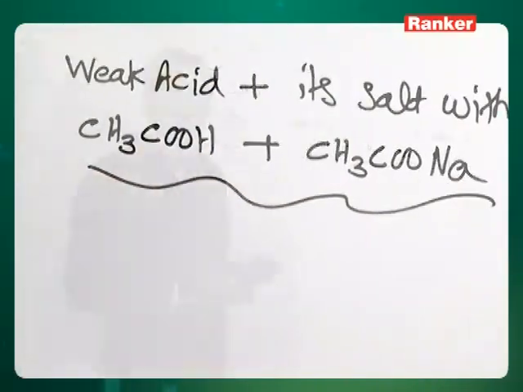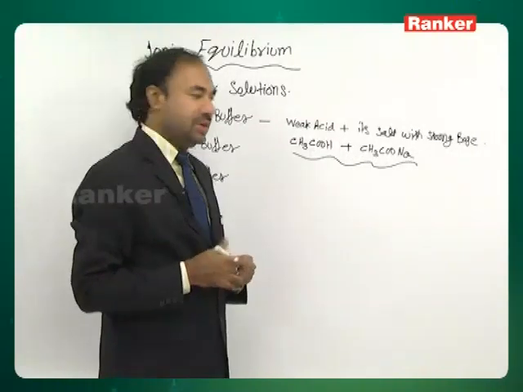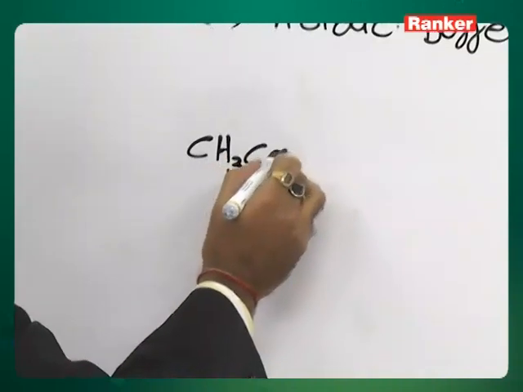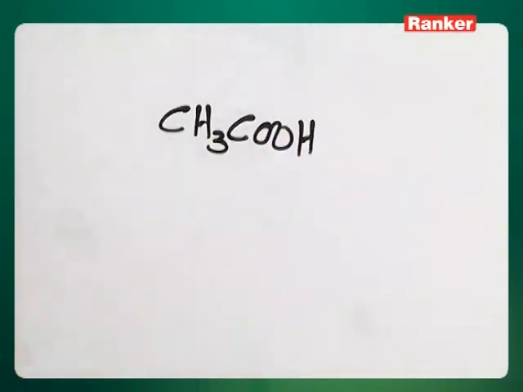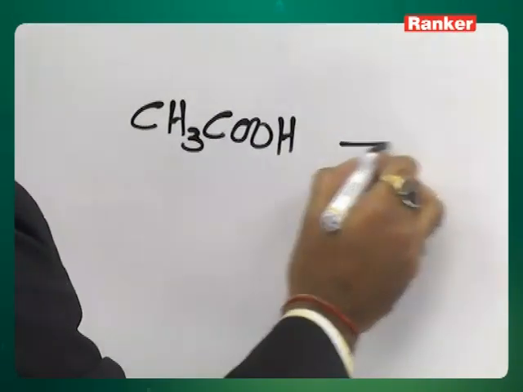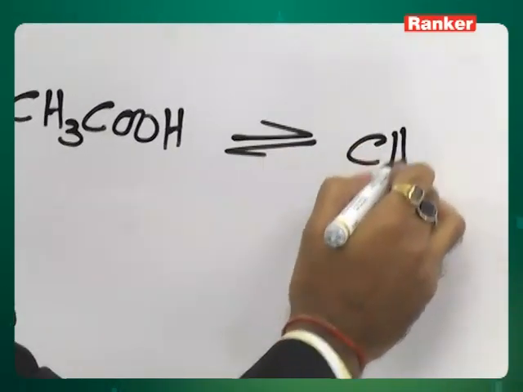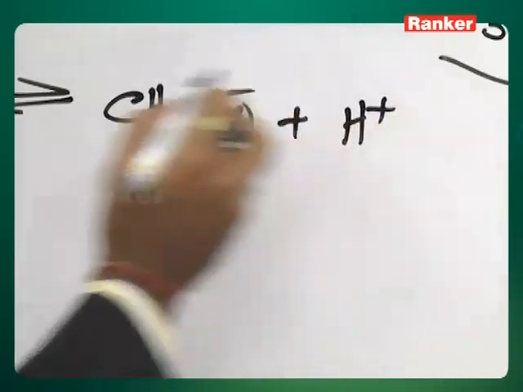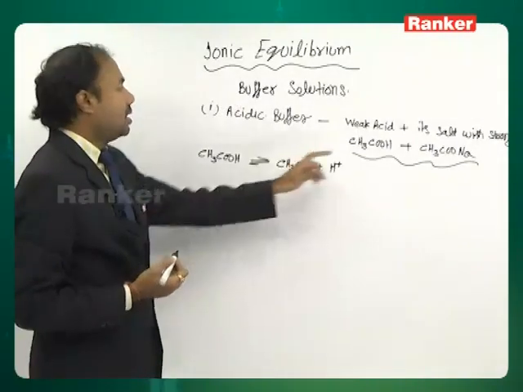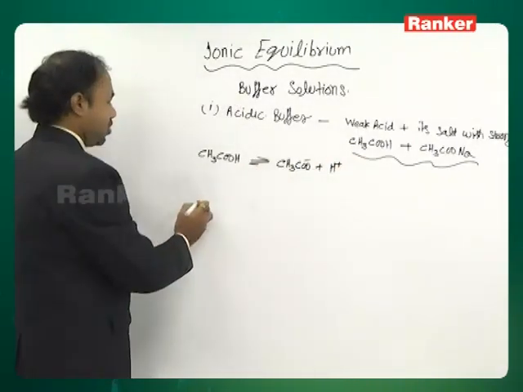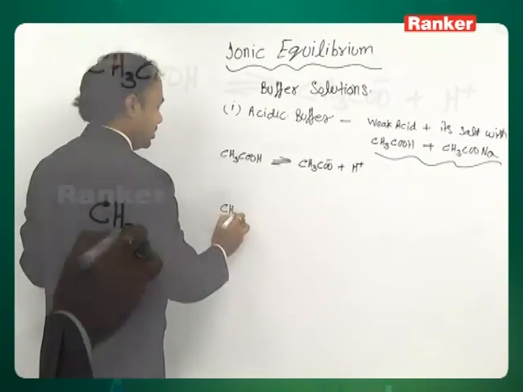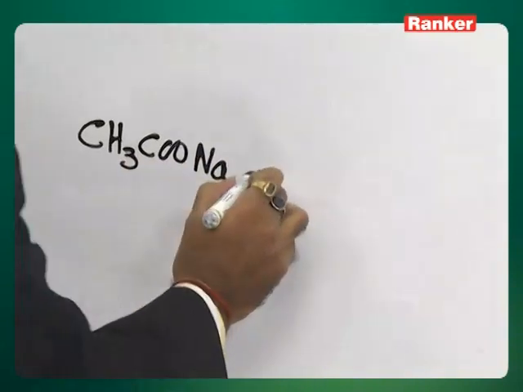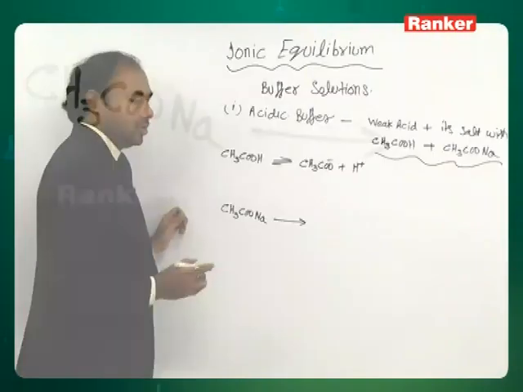How to find its pH if this type of buffer is given to you? That's what we discuss now. See, acetic acid establishes equilibrium because of being a weak acid to give acetate ion and H plus ion. Now, sodium acetate, because of being a salt, we can assume dissociates 100% or almost 100%.